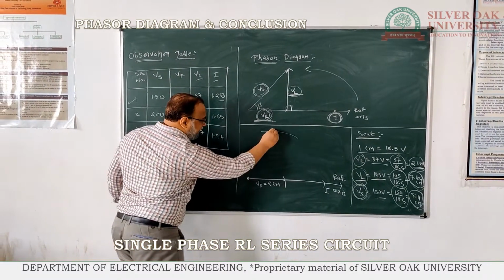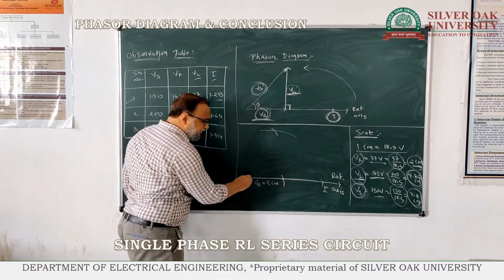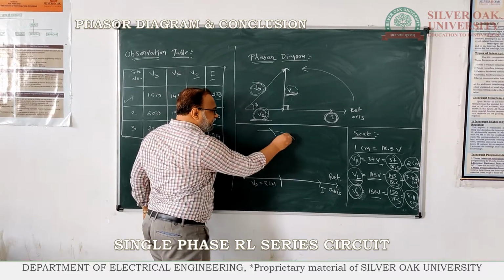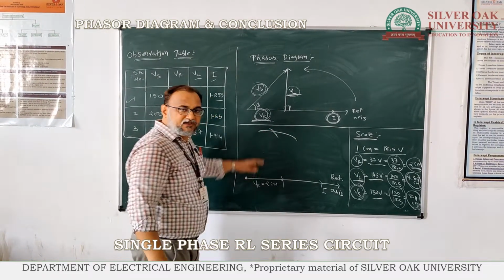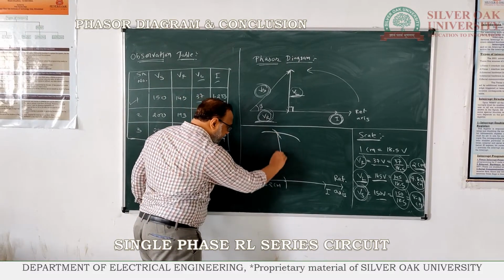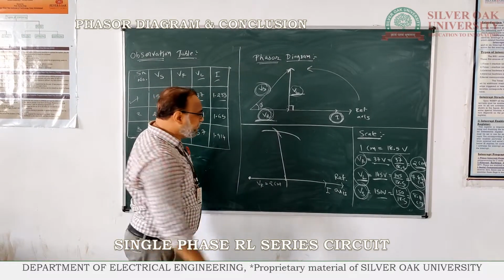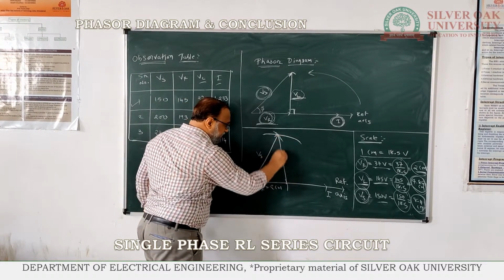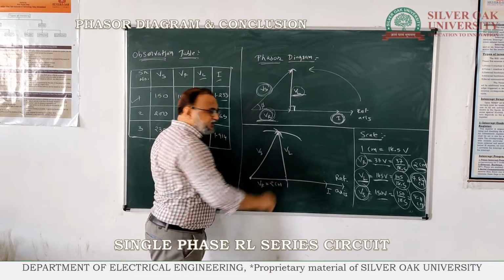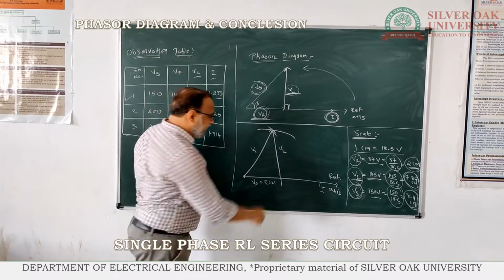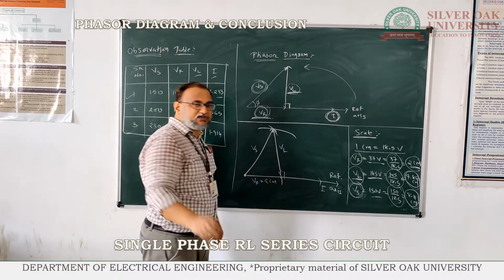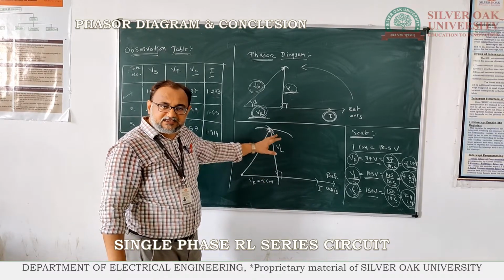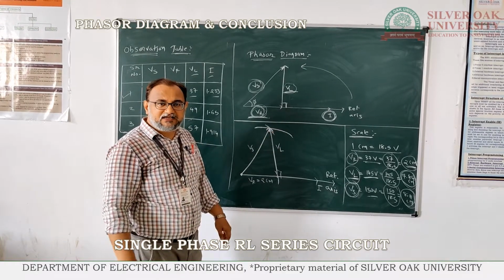This arc cuts the previous arc at some point. If you draw projections from there, you get the supply voltage, and the voltage drop across the inductor, which makes an angle of approximately 90 degrees. This is how a phasor diagram for an RL series circuit is drawn.